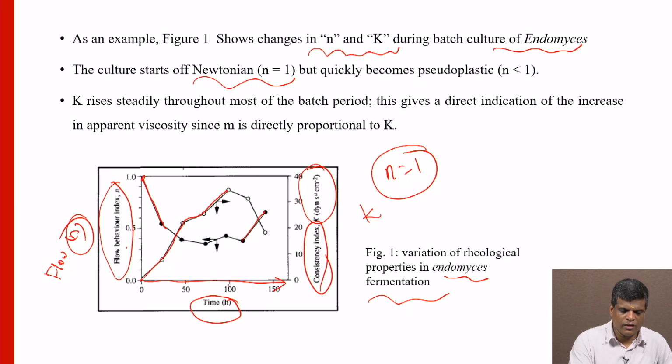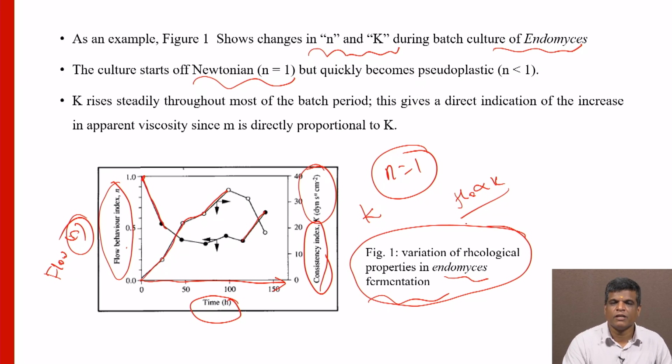Around 100 hours it is always in an increasing state. So we can say the apparent viscosity, mu A, proportional to K, is always increasing. This is the best example of variation of rheological properties in Endomyces fermentation.